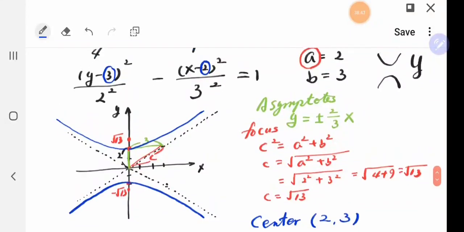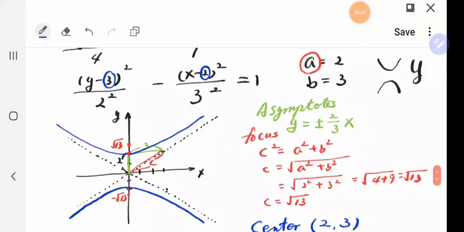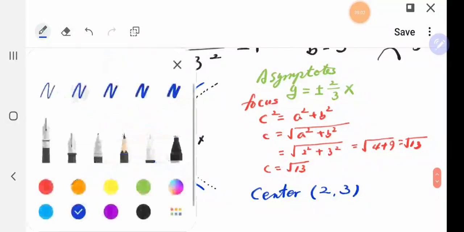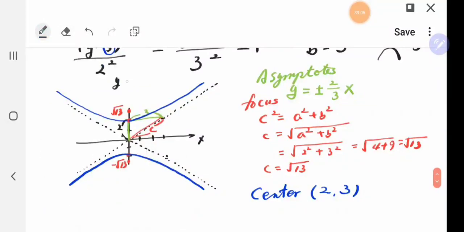So we move 2 units to the right and then 3 units up. So why don't we just change this axis? Okay, let me use a trick on this one. Instead of using a solid line, why don't we use a dotted line just to represent the new horizontal and vertical axis.